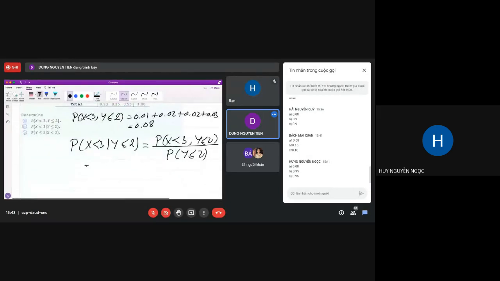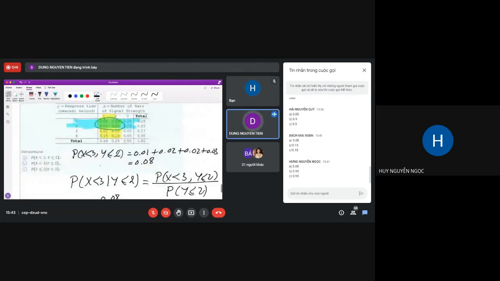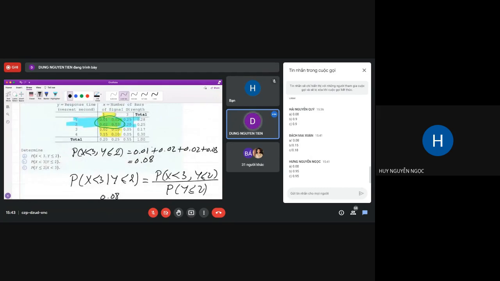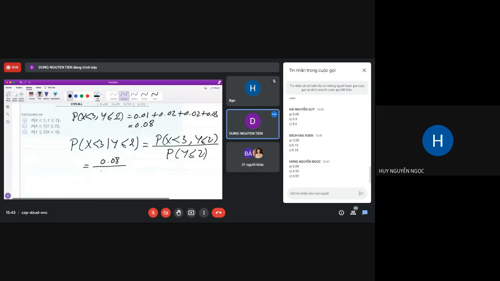Then you come up with 0.08 for the top, and for the denominator you get 0.50, so you get these two numbers, 0.25 plus 0.25. Do you understand? Is that all clear, everybody? Yes. Okay.